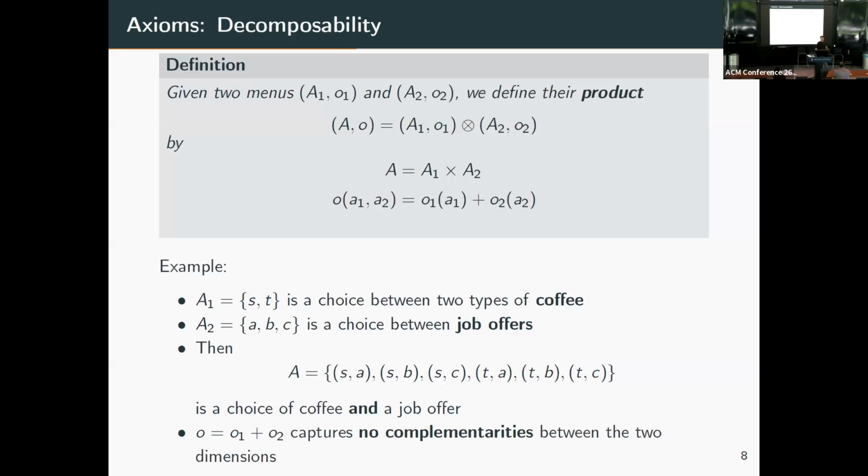So the choice of action in the first menu does not affect the marginal outcome in the second menu, and vice versa. You can think of this operation of taking a product as a way to combine menus so that you create no complementarities across outcomes.